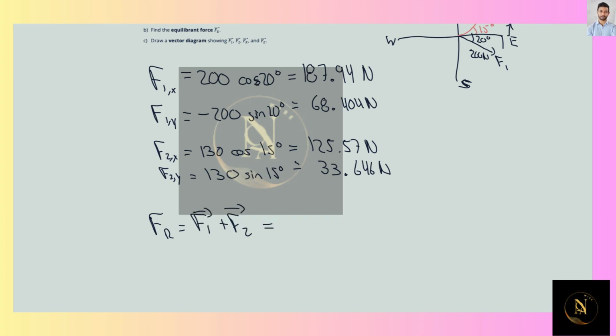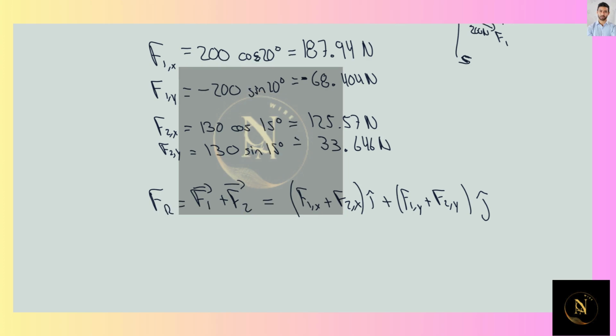And this is going to be equal to F1 on X plus F2 on X. All of this on the y-axis. Sorry, over here I missed a minus. Plus F1 on Y plus F2 on Y on the y-axis, which is represented by the J unit vector.